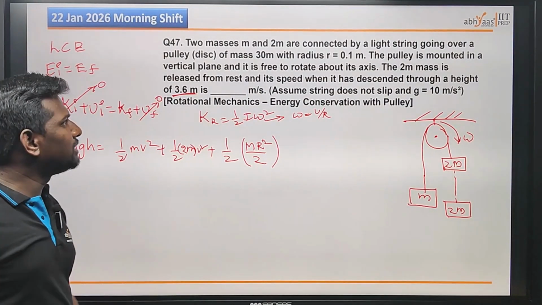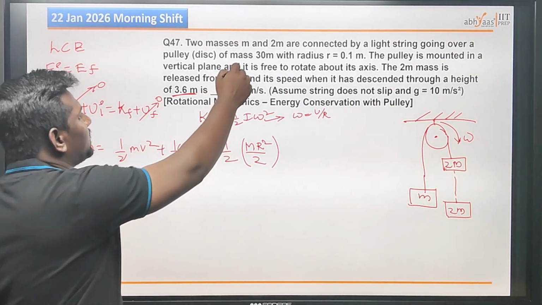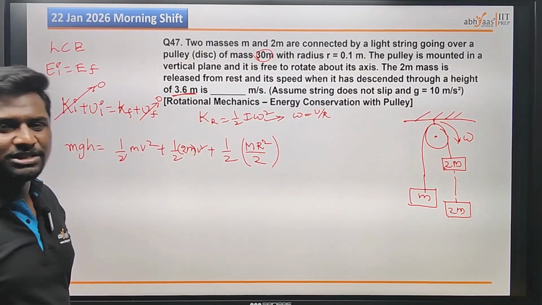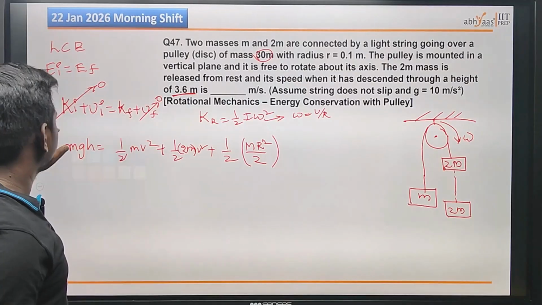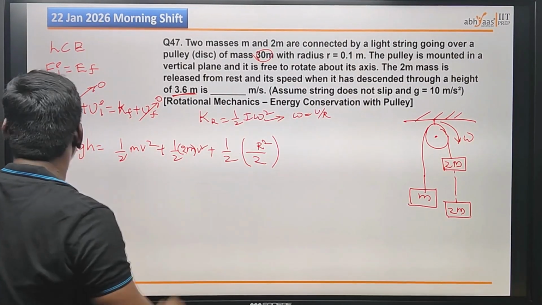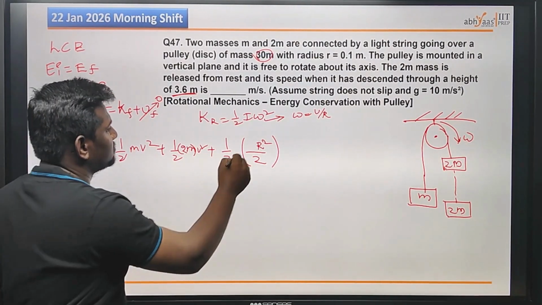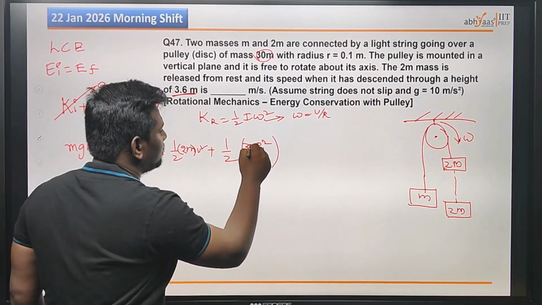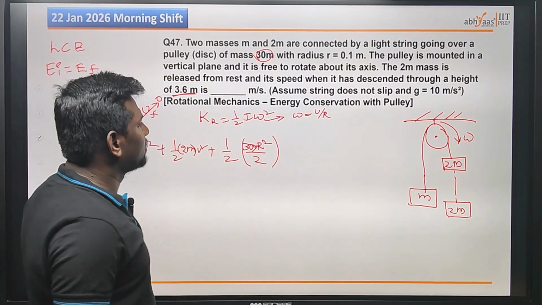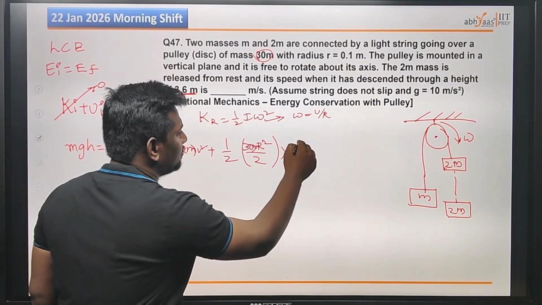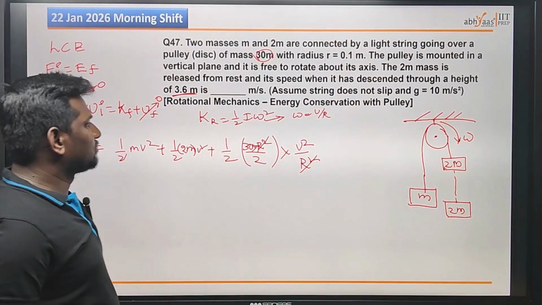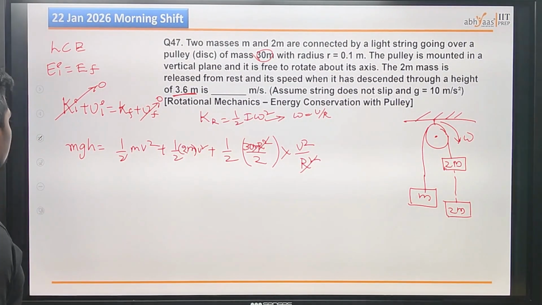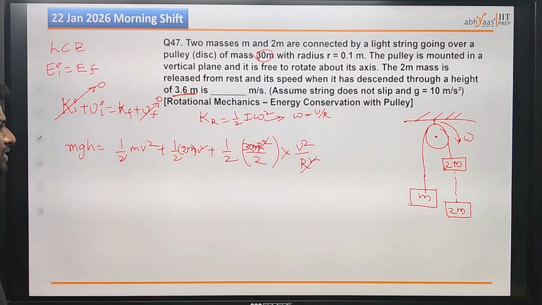What is the mass of the pulley? They have given 30m. Mass of the pulley is nothing but 30m. So take here 30m, r square into v square by r square. If I cancel out r square, you are left with v.